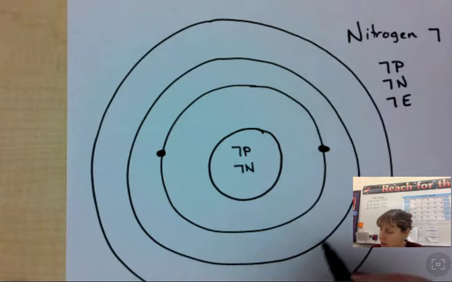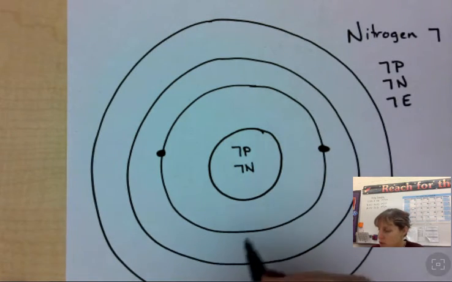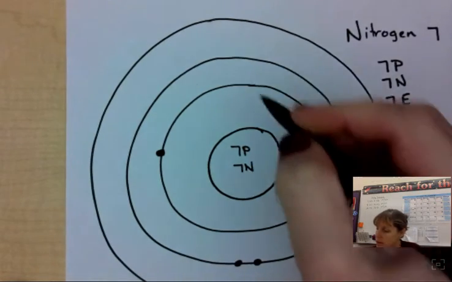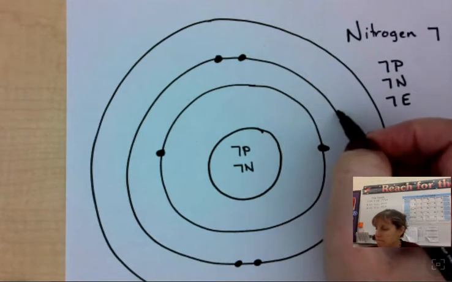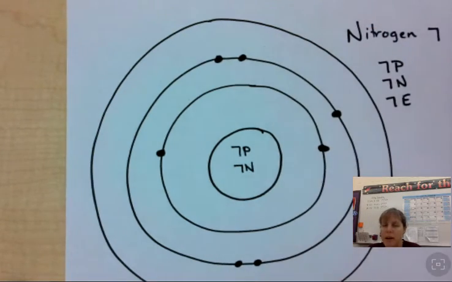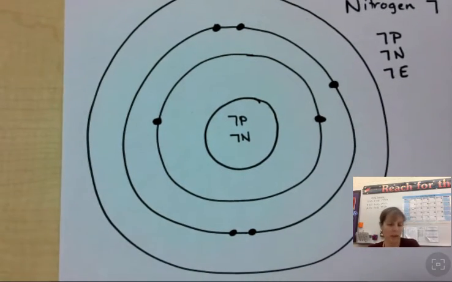So remember, this electron shell can hold 8. So can we put 5 on there? We sure can. So 1, 2, 3, 4, 5. Okay, so there's nitrogen. That's all there is to it. Okay, let's try another one for fun.